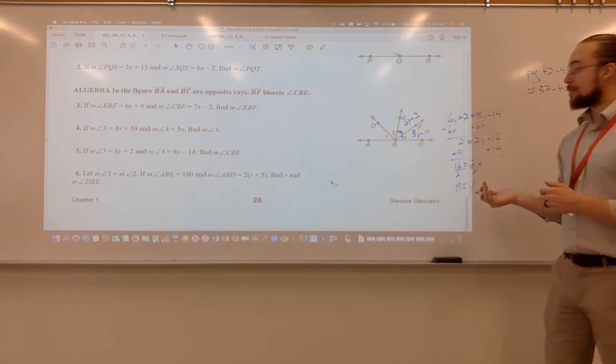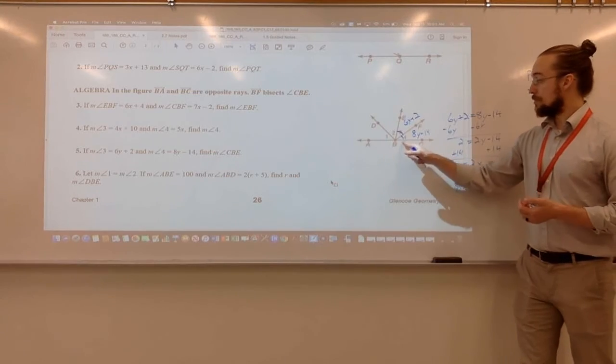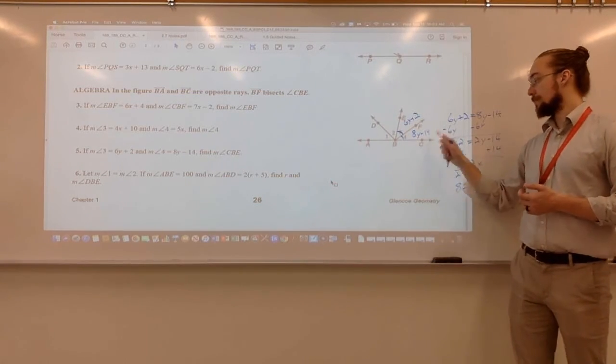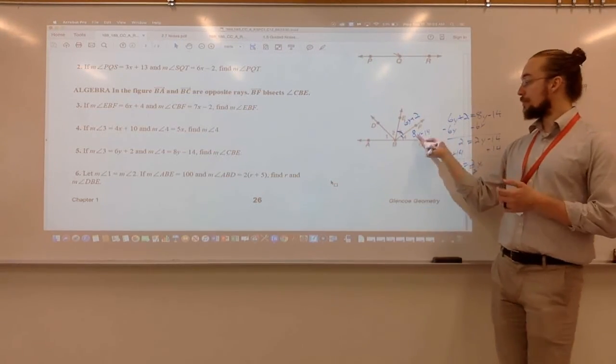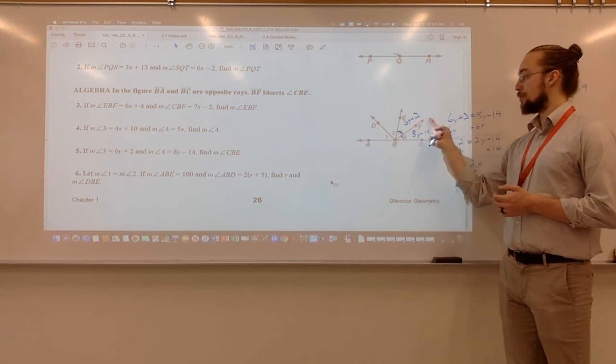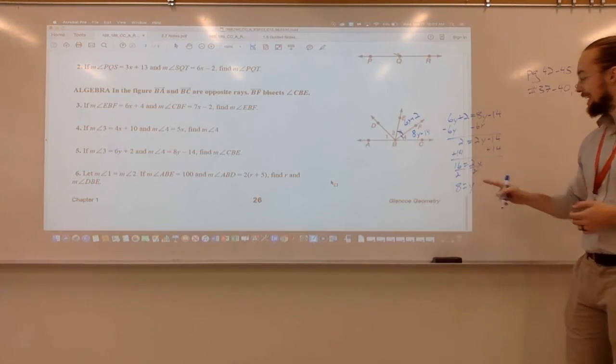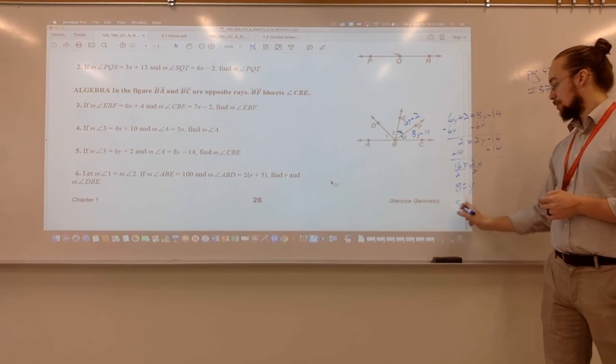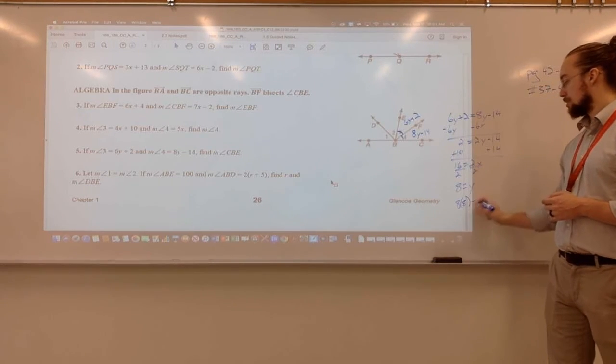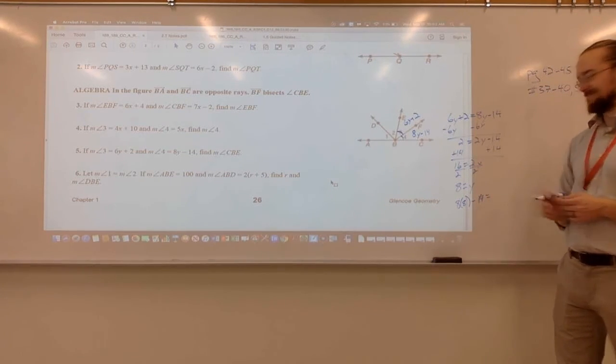But the question wants me to find CBE. So CBE is this whole thing. To do that, I want to start by finding just half of the whole thing. So I can plug 8 in here. So 8 times 8 minus 14.